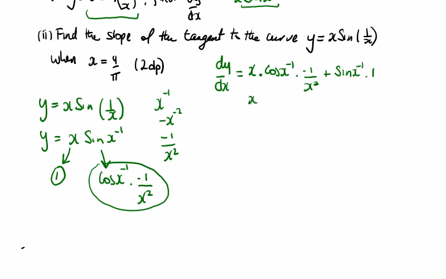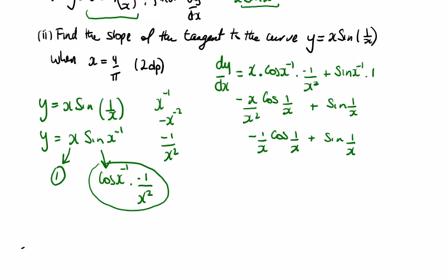This is x by the cos of 1 over x. I have a minus, and there's an x squared on the bottom, so that's going to give me minus 1 over x by the cos of 1 over x. That's the first one tidied up, and then I'm going to have just the sine of 1 over x. I don't think this can be tidied up any more.